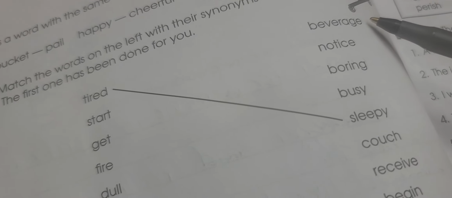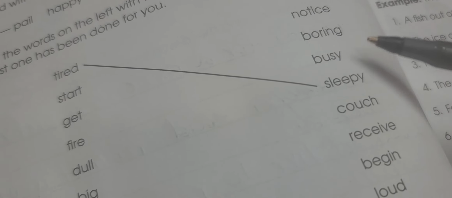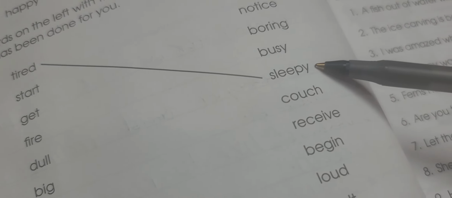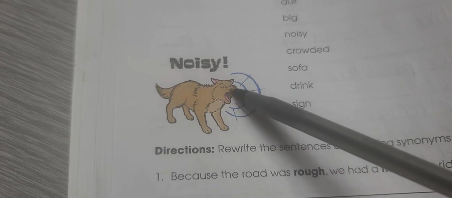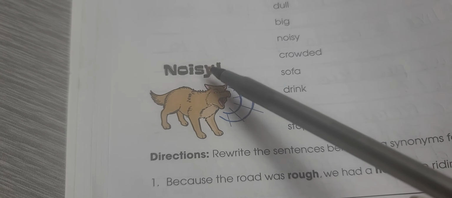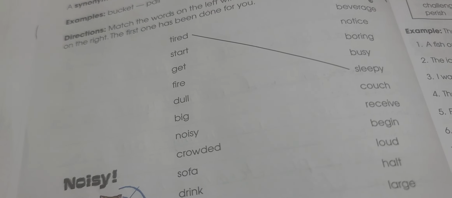And the other word choices are beverage, notice, boring, busy, sleepy, couch, receive, begin, loud, halt, large, flames. And then at the bottom of the page, we have a wolf, and he is barking, and it says noisy. So noisy and loud are synonyms. So think about how you're going to match your synonyms.